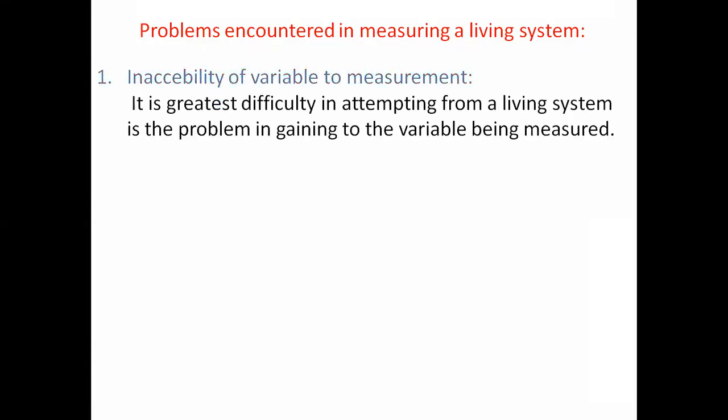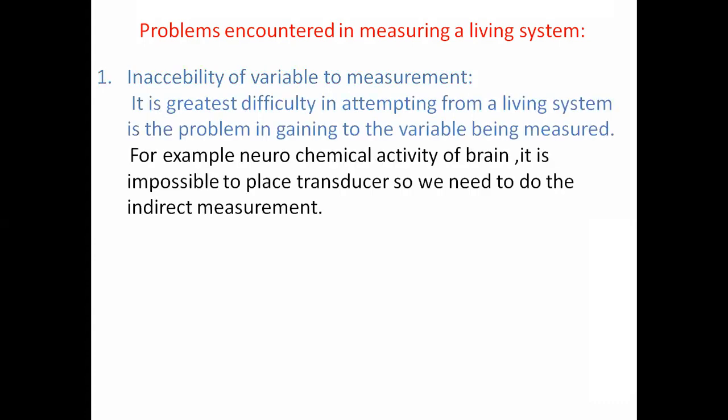The greatest difficulty in attempting measurement from a living system is the problem of gaining access to the variable being measured. The variable which is to be measured is difficult to gather information from. For example, neurochemical activity of the brain. What type of chemical actions are happening in the brain?